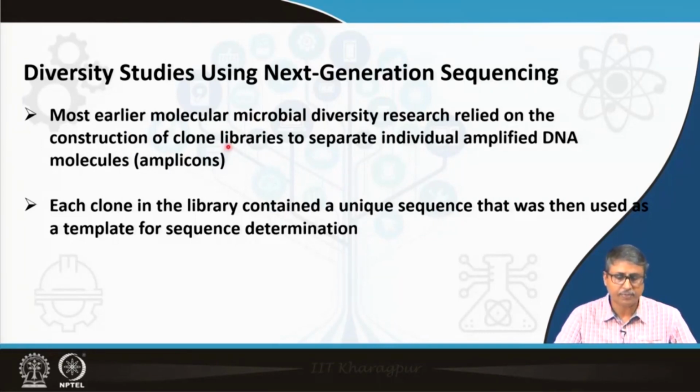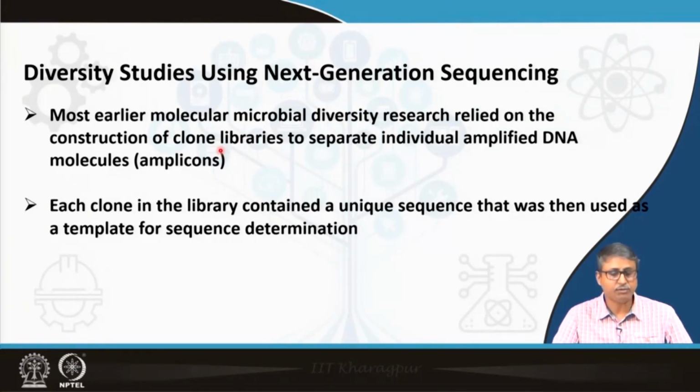Till next generation sequencing methods became available and affordable, clone library based methods were very popular, and to date many research groups like to use them because they are easy to do. People already know how to go about it. You do not need a very sophisticated next generation sequencing machine, but rather a simple Sanger sequencing machine, which is more easily available in different parts of the country. So, they are still being used very popularly.